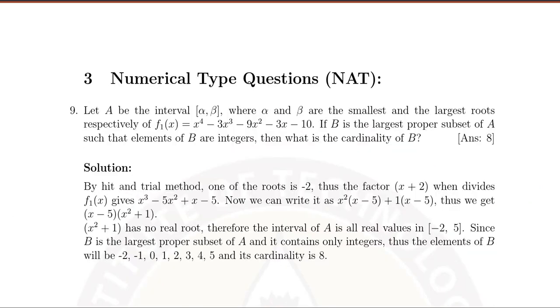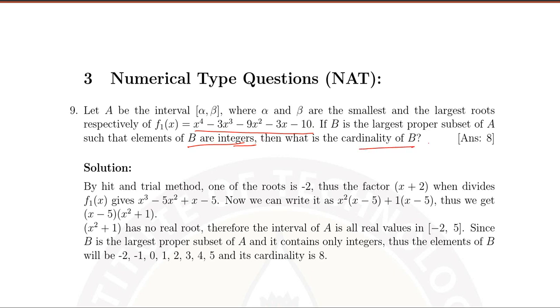So question number 9 says, let A be the closed interval alpha comma beta, where alpha and beta are the smallest and the largest roots respectively of a function f1 of x, which is given here. If B is the largest proper subset of A such that elements of B are integers, then what is the cardinality of B?